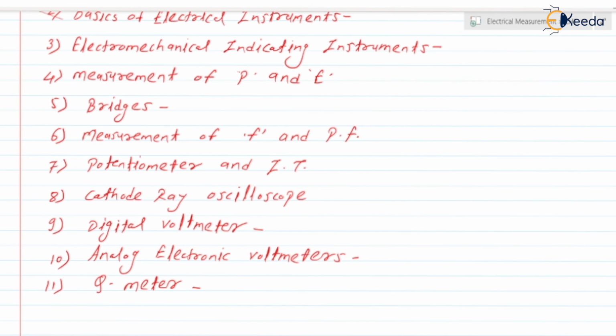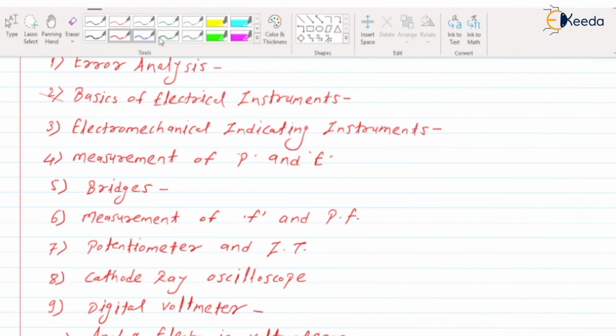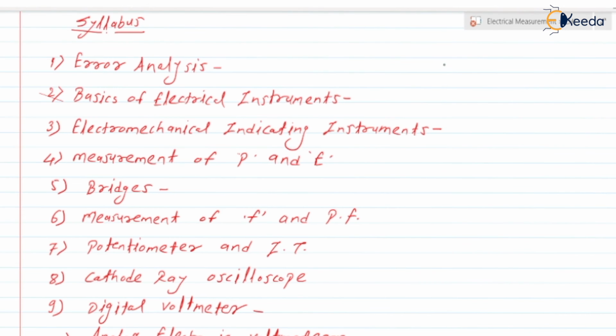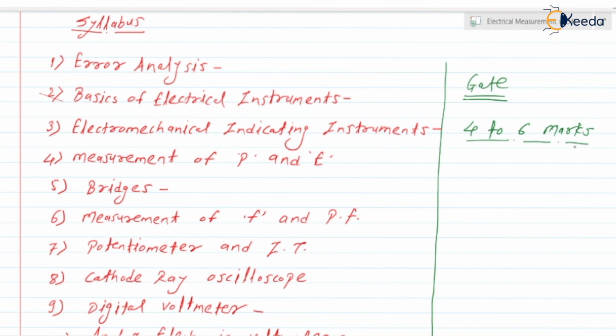As long as the GATE examination is considered, the weightage for this course is around 4 to 6 marks. It is a very easy course compared to the other courses in electrical engineering, or we can say in instrumentation also.